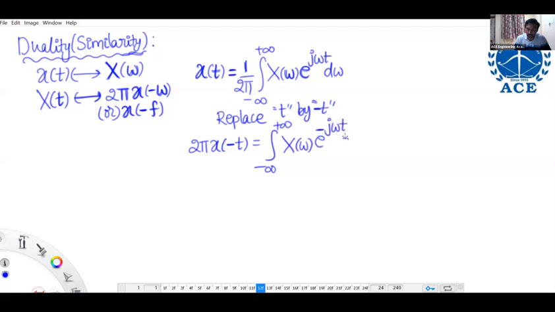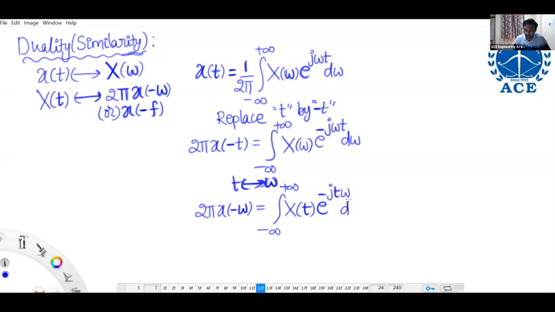Next, interchange t and omega. Wherever t is there, write omega. Wherever omega is there, write t. Why are you doing this? Then only you will get the property. So 2 pi into small x of minus omega equals the integral from minus infinity to infinity of capital X of t, exponential, with both replacements done. d omega becomes dt.